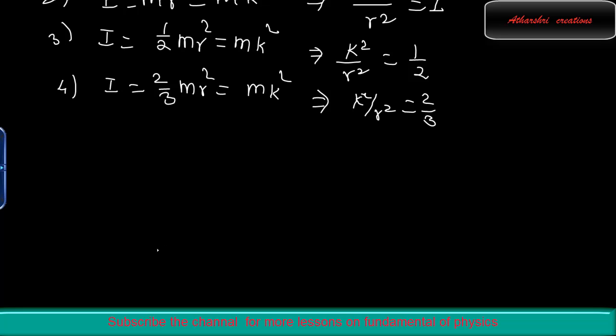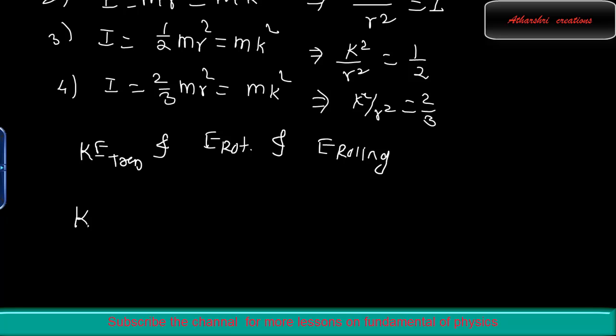While rolling motion, the ratio of translational kinetic energy and rotational kinetic energy and total rolling kinetic energy, that is kinetic energy of rolling motion, is always constant.